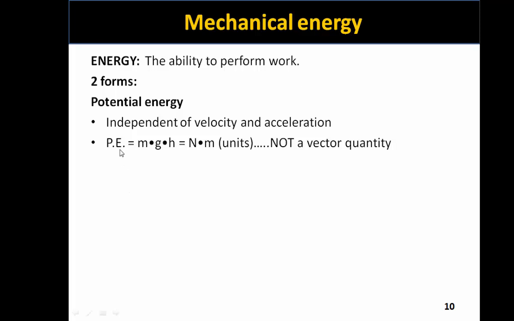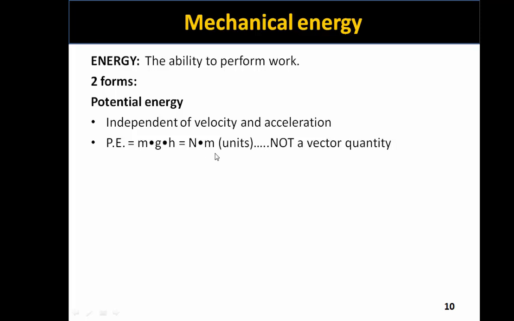This is a rather famous equation you may have seen before: potential energy is equal to the mass of the object in question times the acceleration due to gravity times the height of the object from the ground. That will provide us a measure in Newton meters.